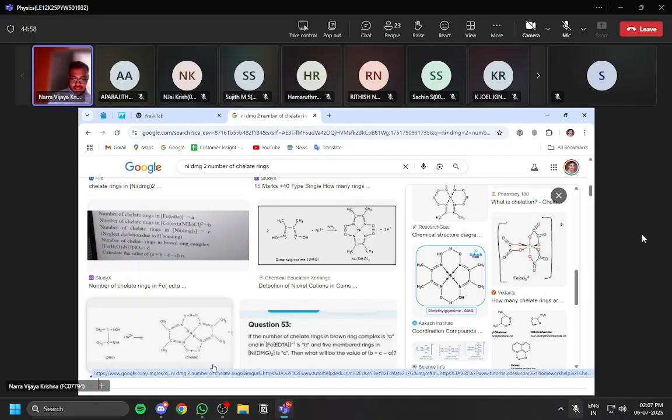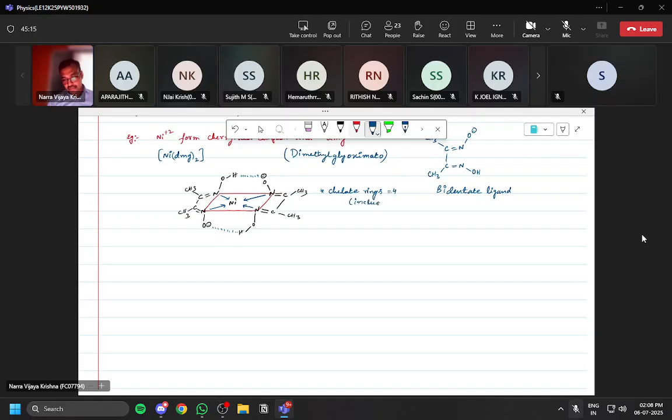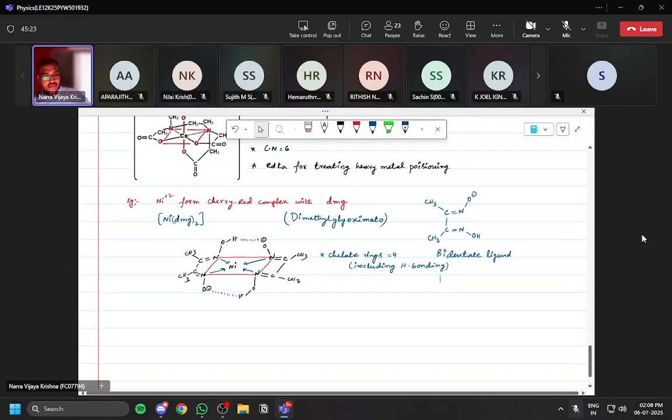If they don't mention it, we'll count it as 4, so chelate rings equal 4, including the hydrogen bond. Right, sir? So we are done with this.